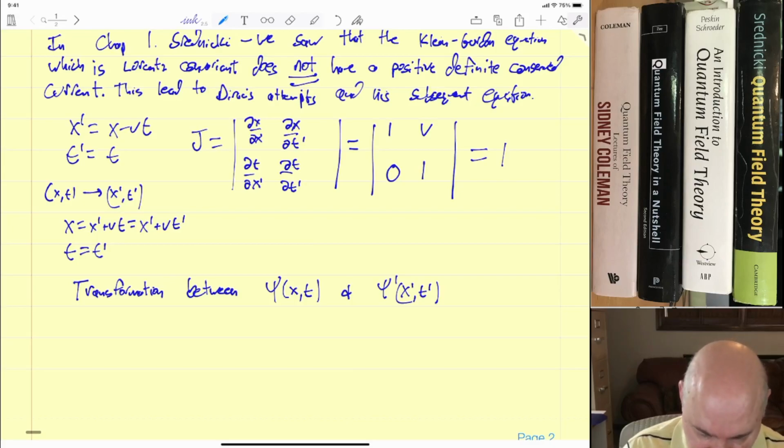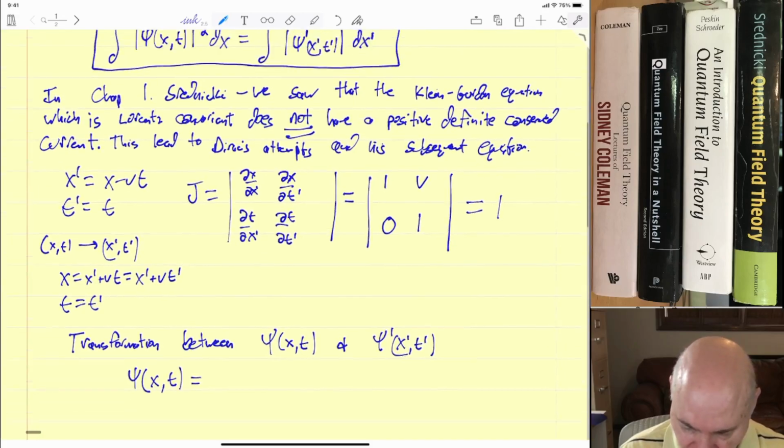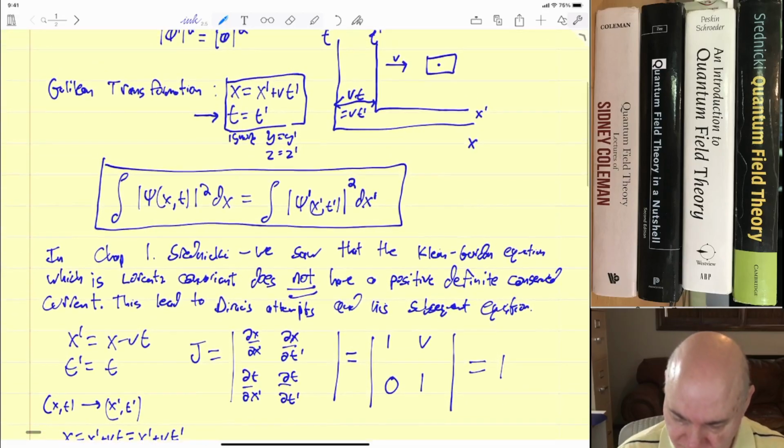I could define it in the inverse way also, but I'm just going to define it this way. Right now we don't know what the transformation is, except we do know one thing.